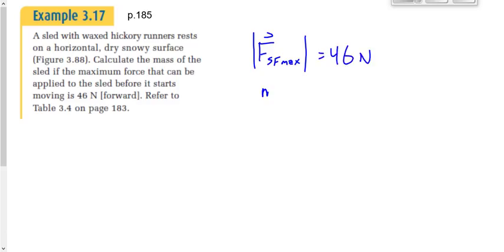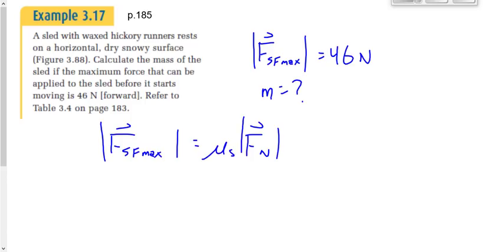We want to find the mass. So we're going to use our static friction equation. Our maximum force of static friction is equal to mu times the normal force. What do we say the normal force is, at least for now? What's it the same as? No. The normal force is the same as gravity for us for now.